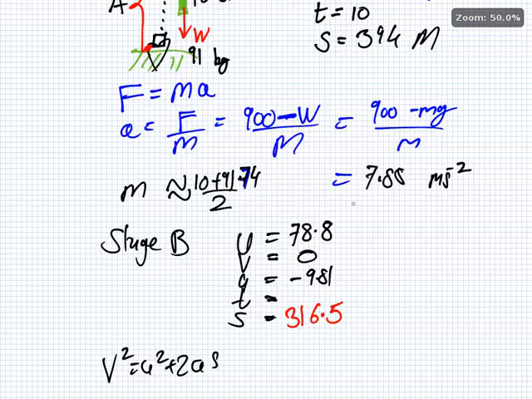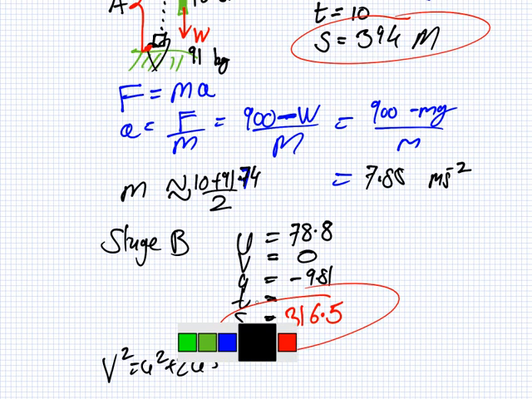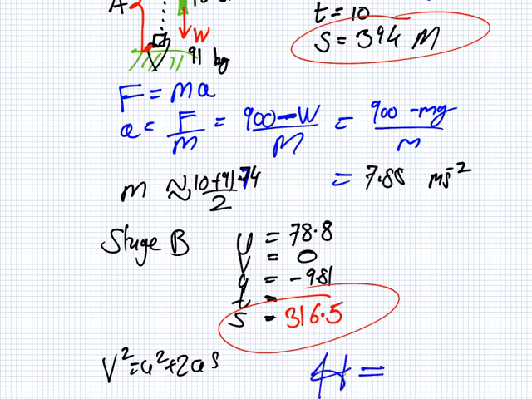I can add that to the number here, and I can get the final height. About 711 meters. How did I get this one? I add the two s's.